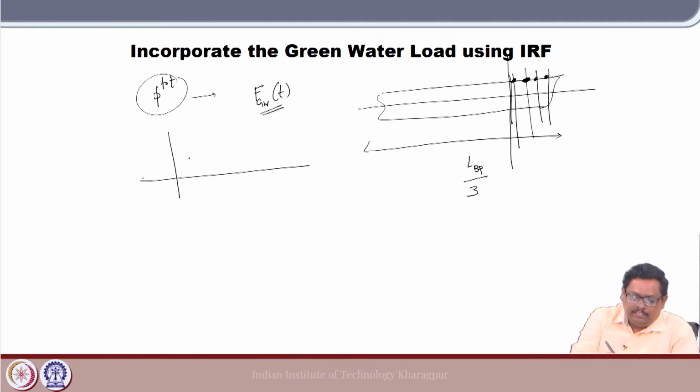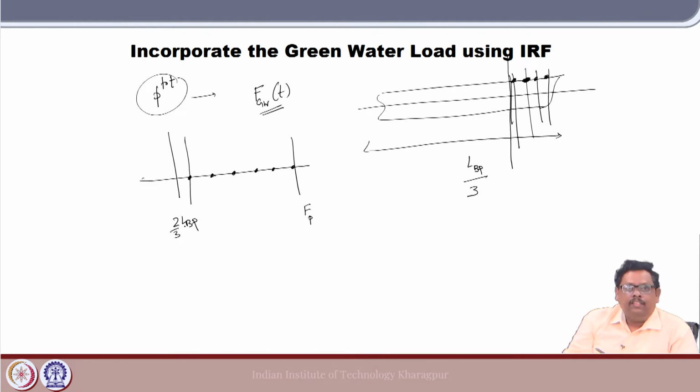So now these are my stations from the forward perpendicular. If I calculate from here, this may be 2/3 of LBP, let us say. From this point I calculate the green water pressure at all the points.